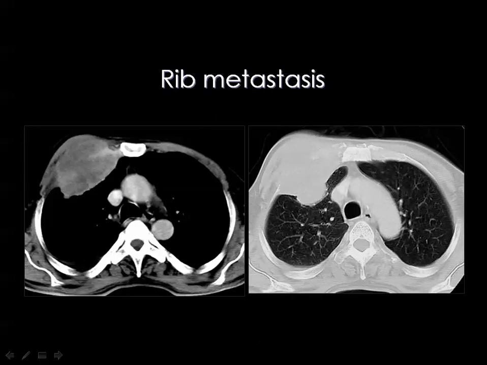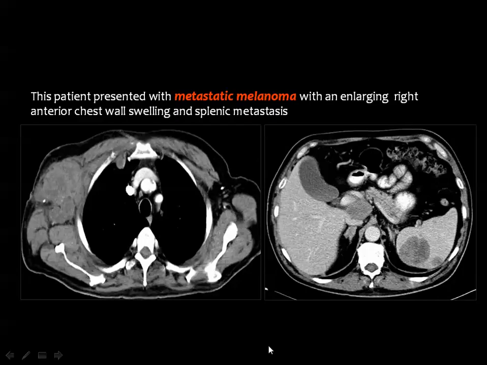And this is an example of a metastatic deposit in the rib. There are equal components of the lesion, intrathoracic and extrathoracic. The affected rib is not seen, and there is no matrix calcification to urge the possibility of chondrosarcoma, for example.